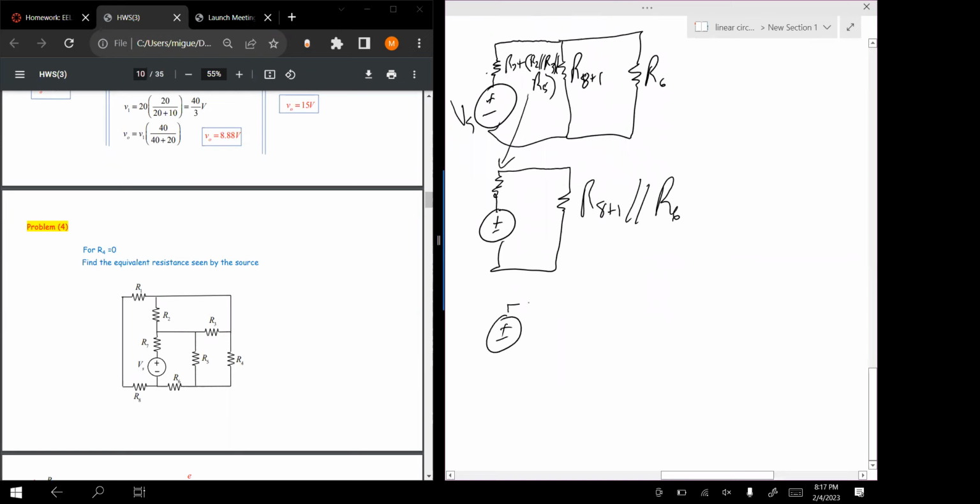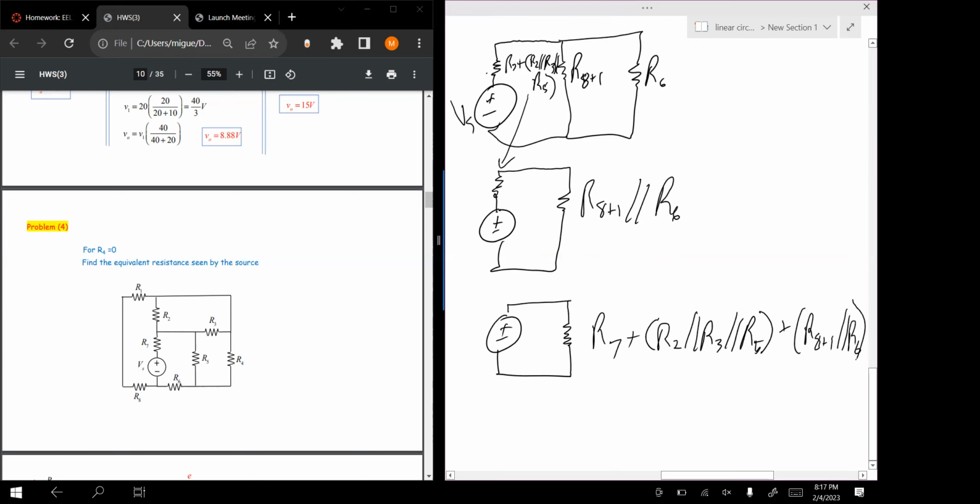Now, plus minus, we're going to get R7 plus R2 parallel R3 parallel R5, plus R8 plus 1 parallel R6.